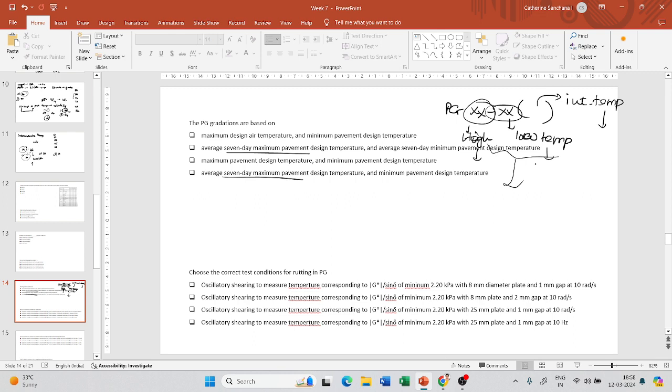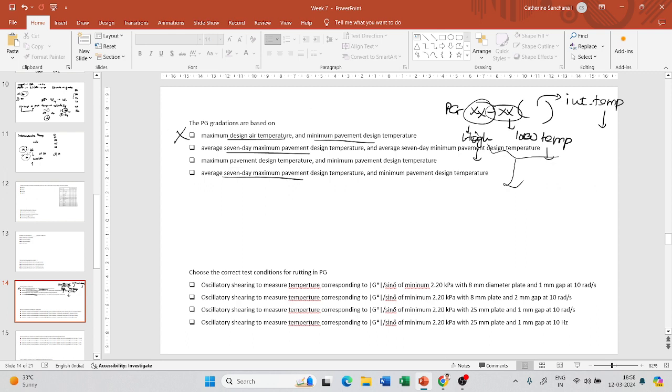What are the actual values you can measure? As I said, is it the maximum design air temperature and minimum pavement design temperature? No. Because, as I said earlier, for high temperature it has to be the average of the 7-day maximum pavement design temperature.